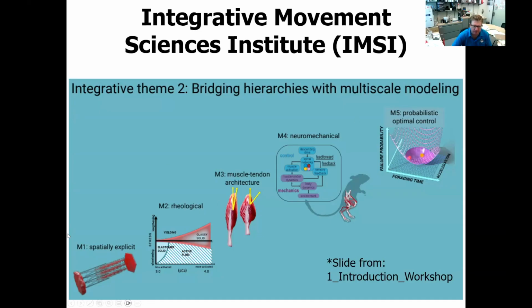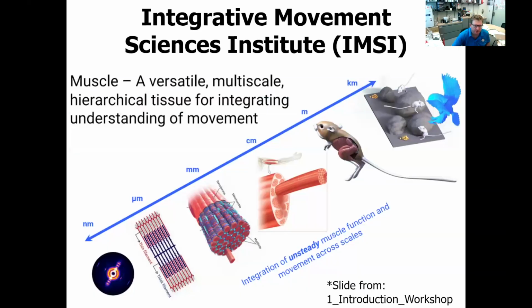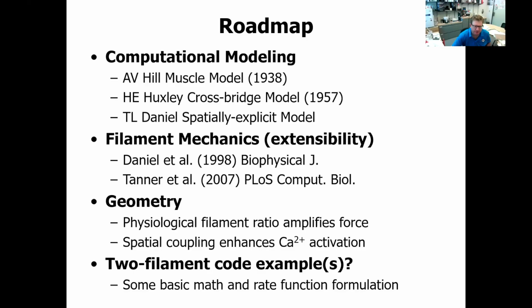So some of these ideas are about how you can go across these different scales, both mathematically and with some of our experimental measurements. And that's essentially the end of the presentation.